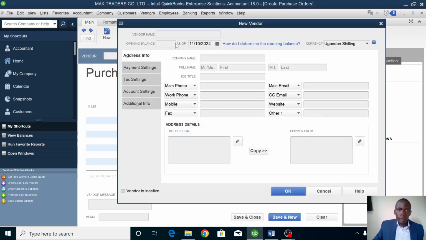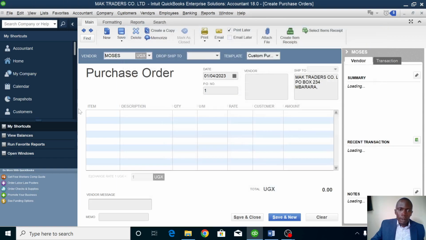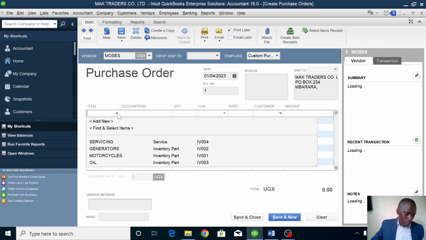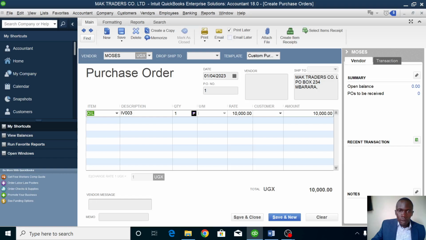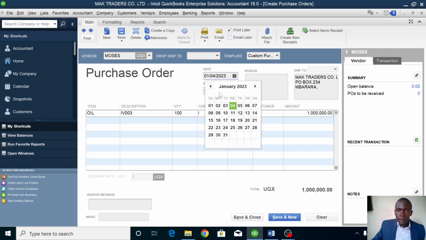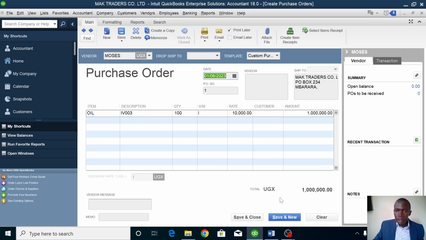We shall create our vendor, for example, Moses. Say okay. Then we go to our item. He bought 100 liters of oil, 100. The date was on 6th. Choose our date, say we save and close.